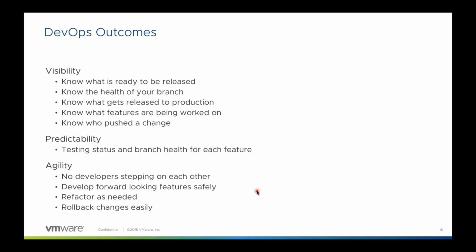I have agility because now I don't have developers stepping on each other. I can do very forward-looking feature work safely in isolation and keep it from bleeding through into more core functionality, shorter-term investments. I can refactor as needed, and I can roll back changes if I find out that it shouldn't have gone, and that rollback can happen on the feature branch, before going to production, so it can happen throughout this process.